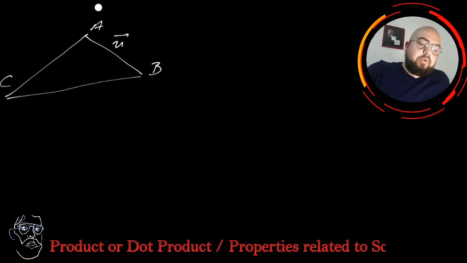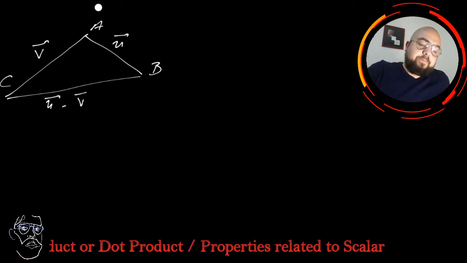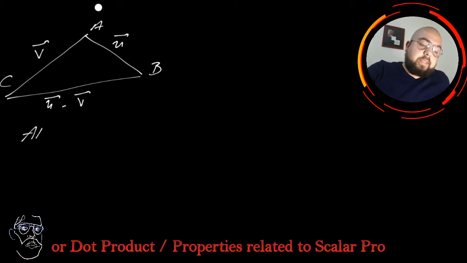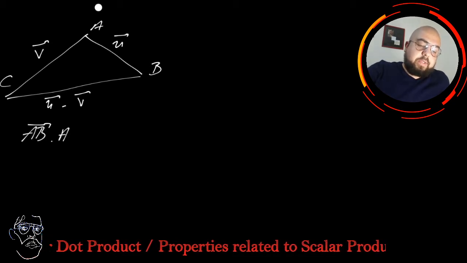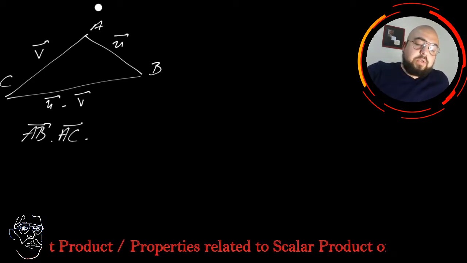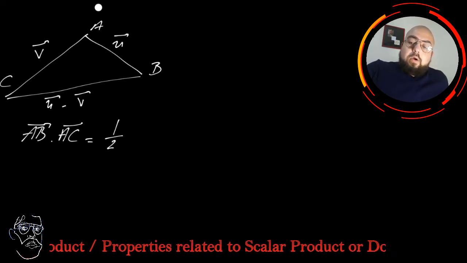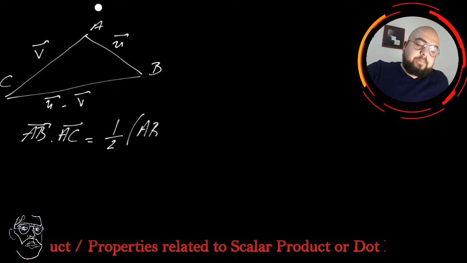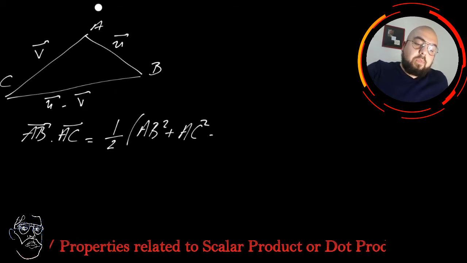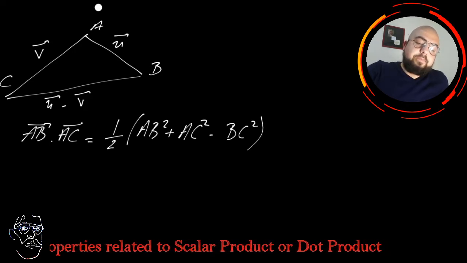This is your vector U. This is your vector V. Automatically this will be U minus V. And I'm interested in calculating AB scalar AC. AB scalar AC, of course, is the same thing as U scalar V. So you simply have to say that it's 1 over 2 times AB squared plus AC squared minus, since U minus V is BC, BC squared.